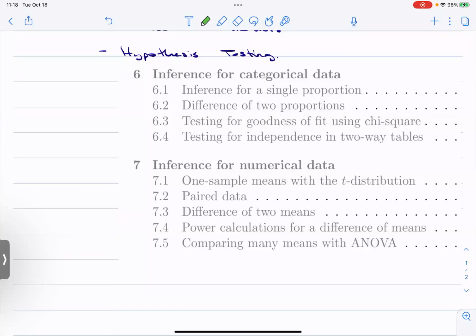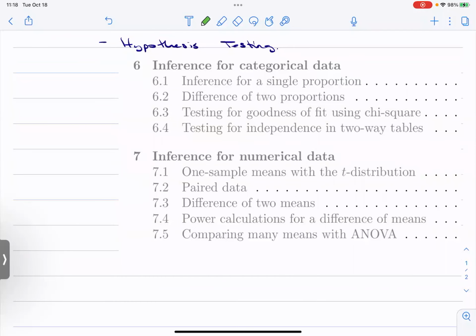Okay. This is a lot of what we're going to do in real life. There are others, right? But these are our bread and butter here. So these are the different question types.